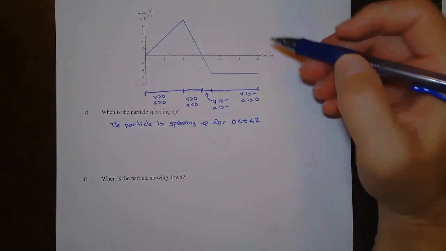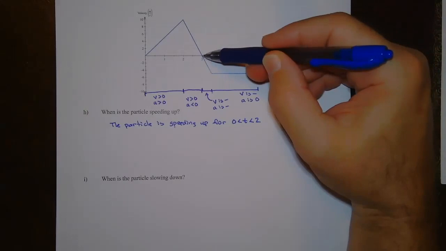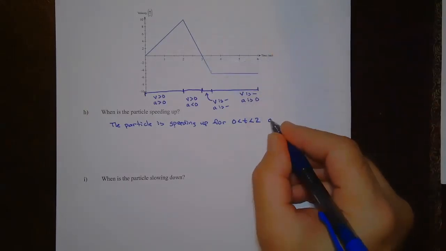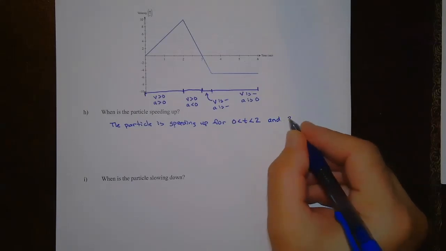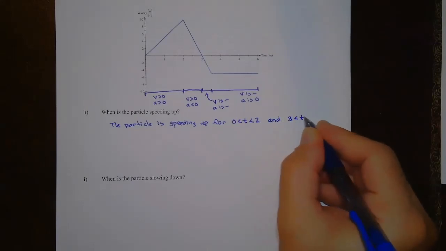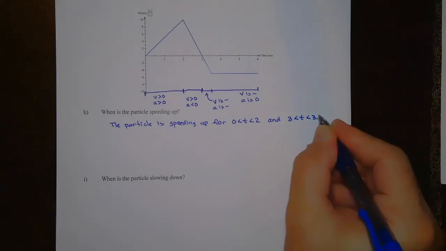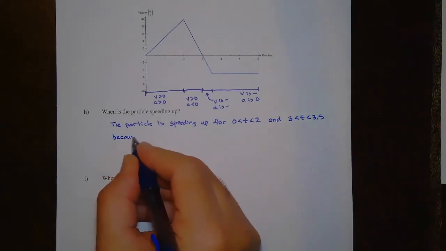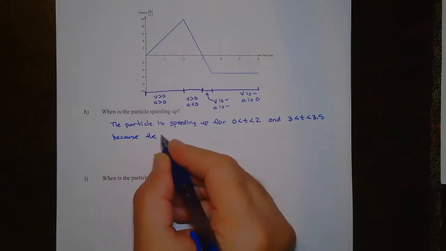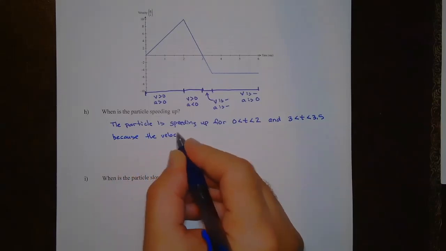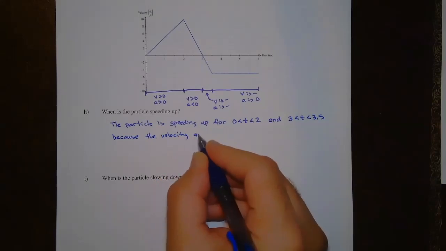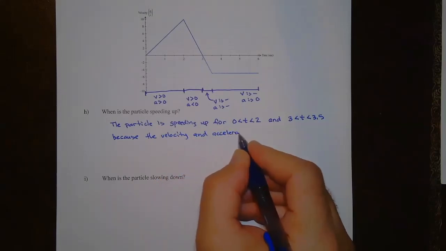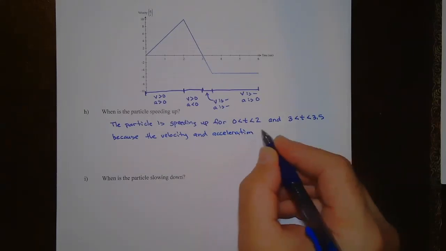It's also speeding up right in here between 3 and 3.5. So 3 < t < 3.5, because the velocity and acceleration have the same sign.